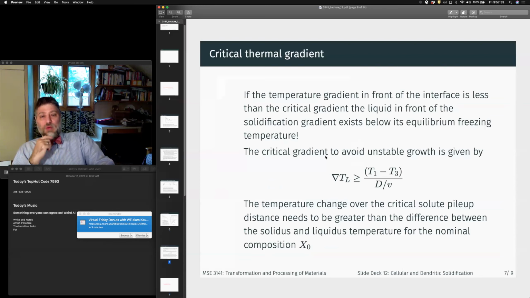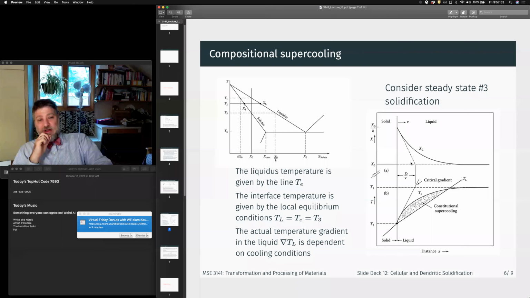What is that critical gradient? Well, the critical gradient is going to depend on how fast the solute's piling up, or this characteristic width given by D over V, and the difference between these two temperatures.